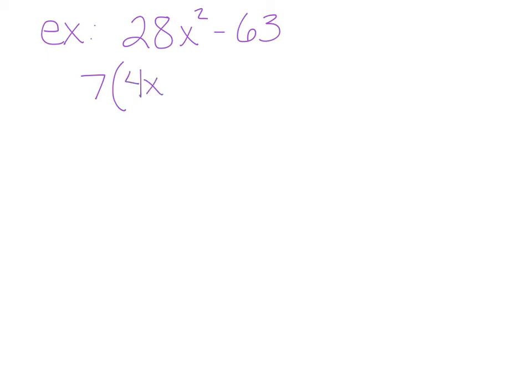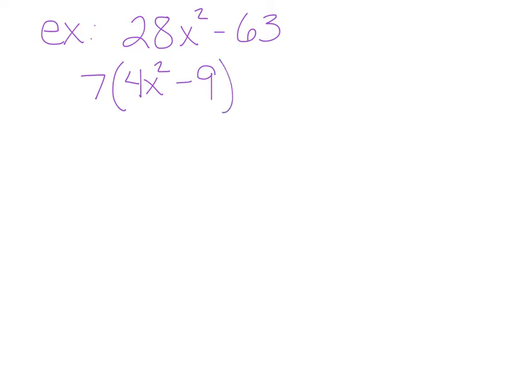So for example, and we're going to do these together, 28x squared minus 63. First, is there a GCF that goes into 28 and 63? 7. If we take out a 7, we're left with 4x squared minus 9.